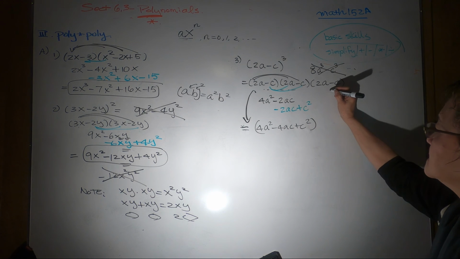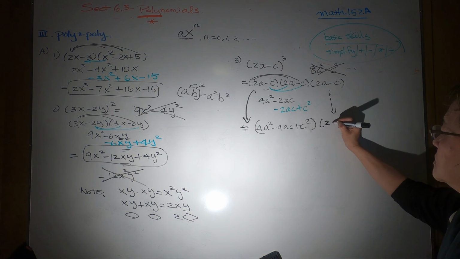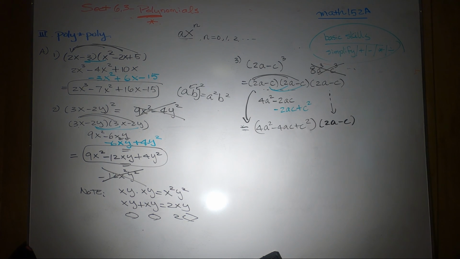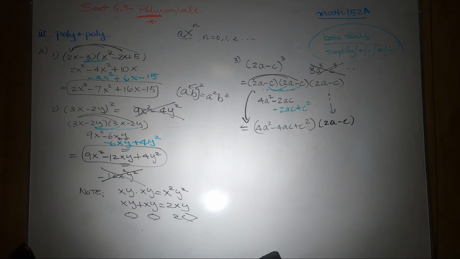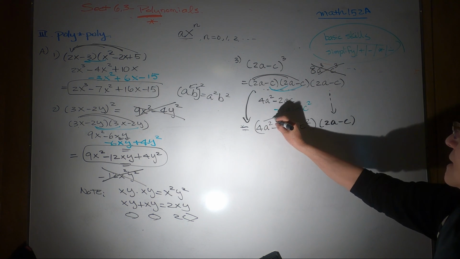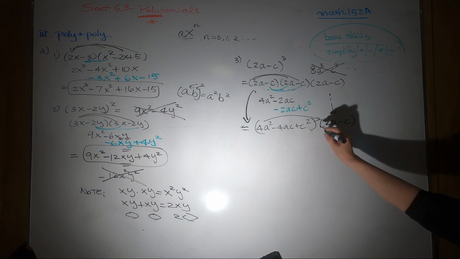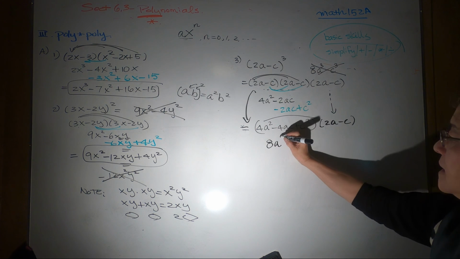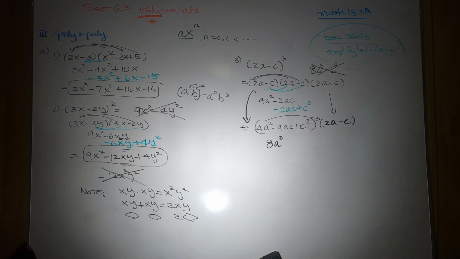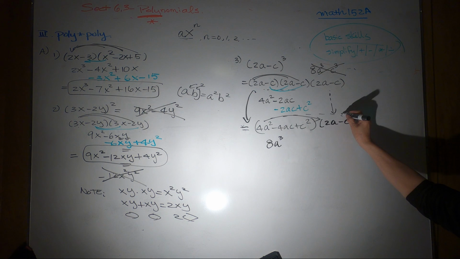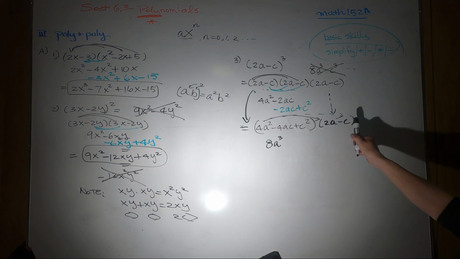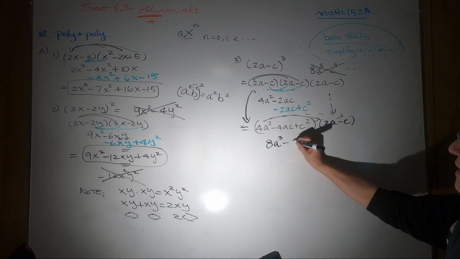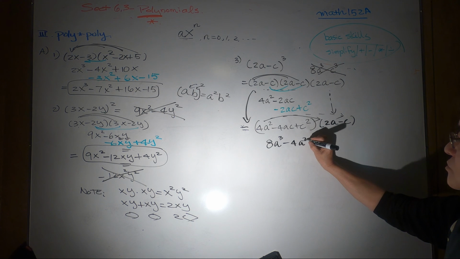Then you carry down this one, so 2a minus c. Then you have to do it again, individually. No jumping around. So the first one, 4a squared times 2a is 8a cubed. Next one, 4a squared times negative c, negative 4a squared c.